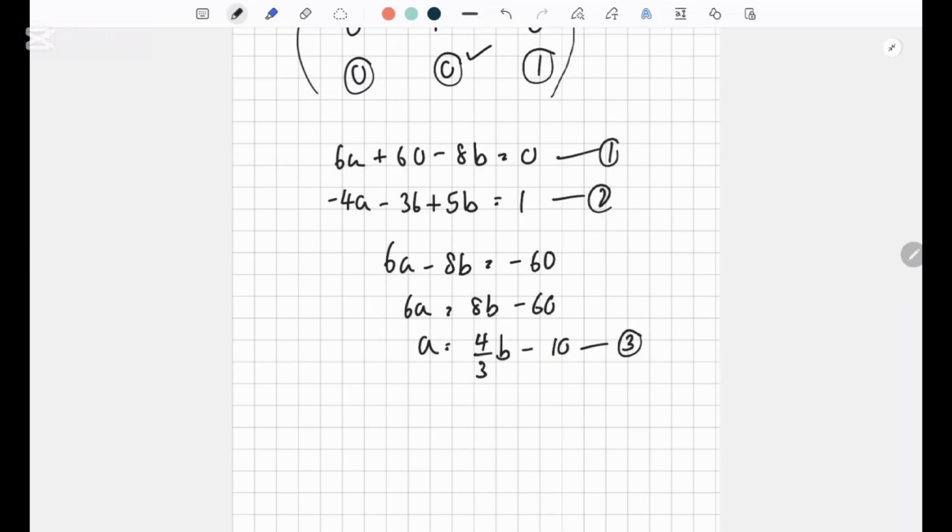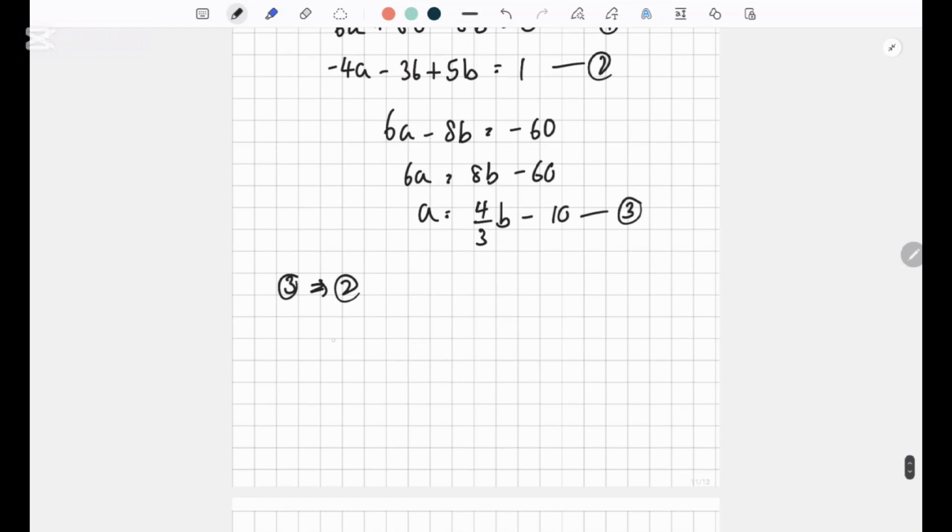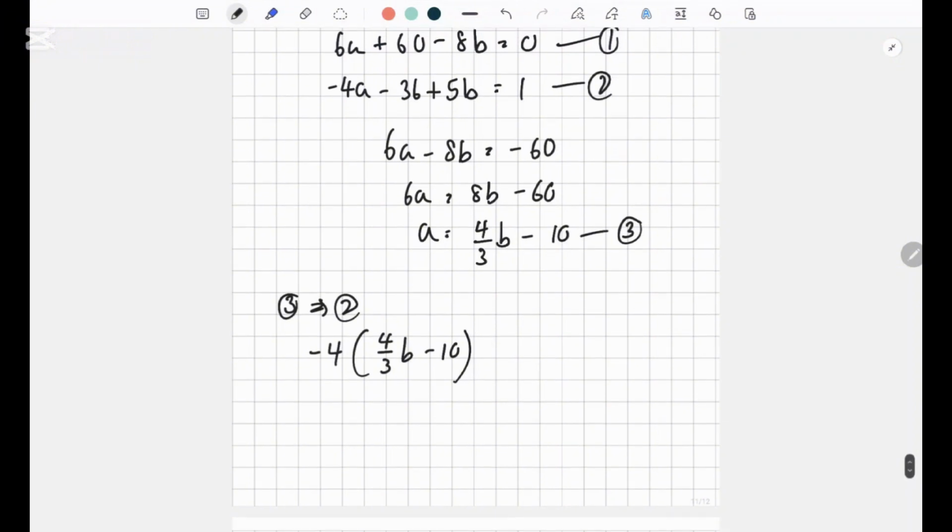So this is your third equation. You can put this straight away into your second equation. So minus 4 into 4 over 3b minus 10 minus 36 plus 5b equals 1.